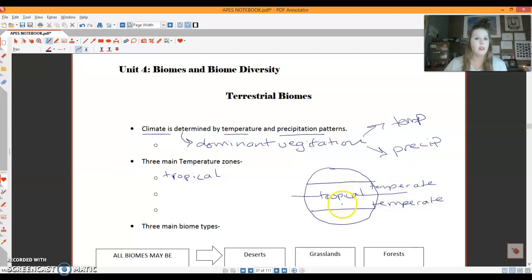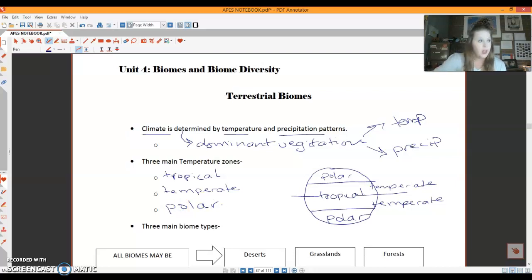You would not see all 4 seasons in the tropical area. It's going to be warm year-round. Okay, so temperate. And then the last one, when we get to the poles, guess what? It's polar. So these are going to be our coldest locations because they receive the least amount of sunlight.